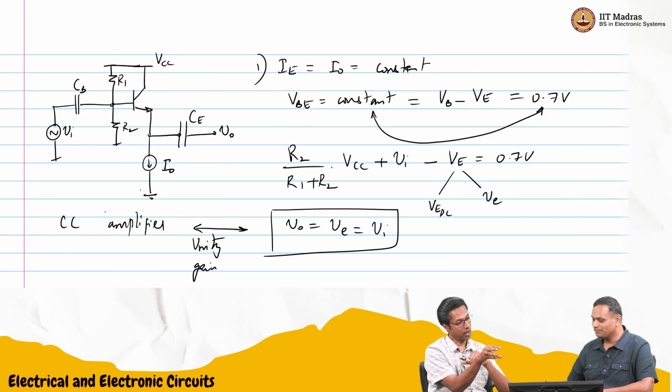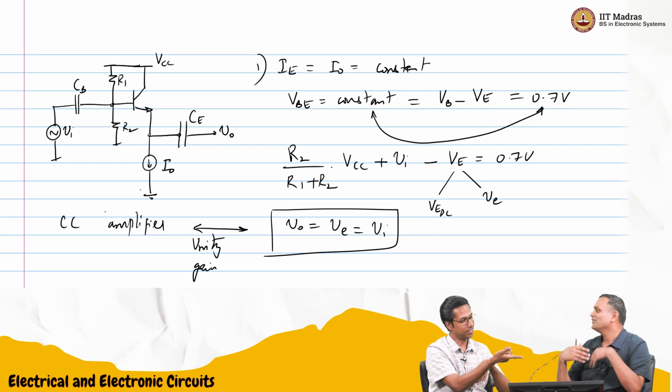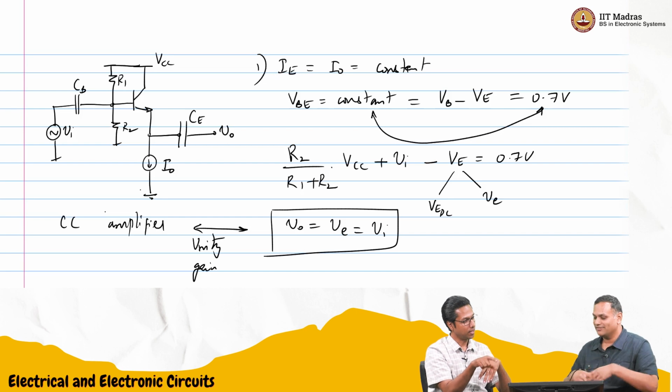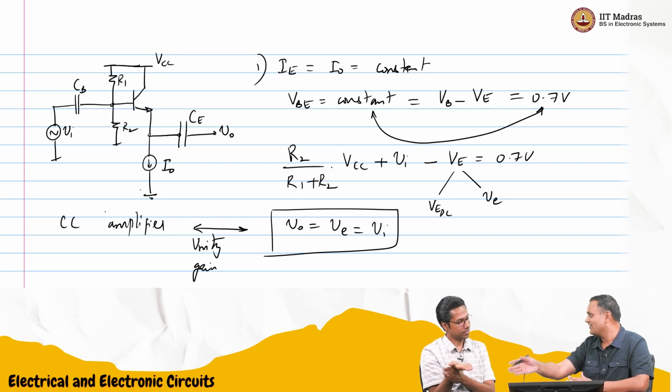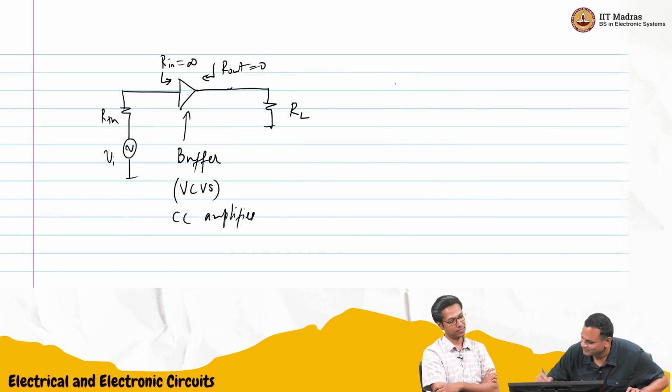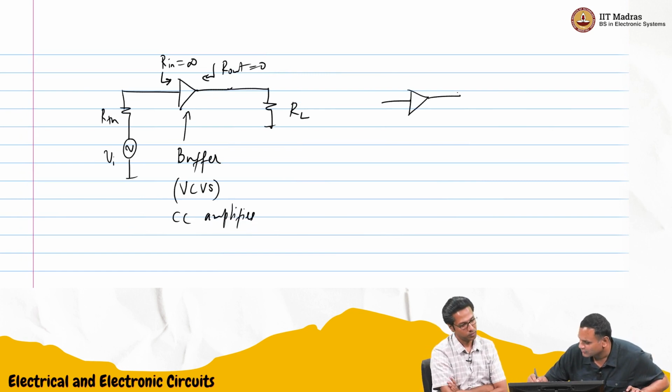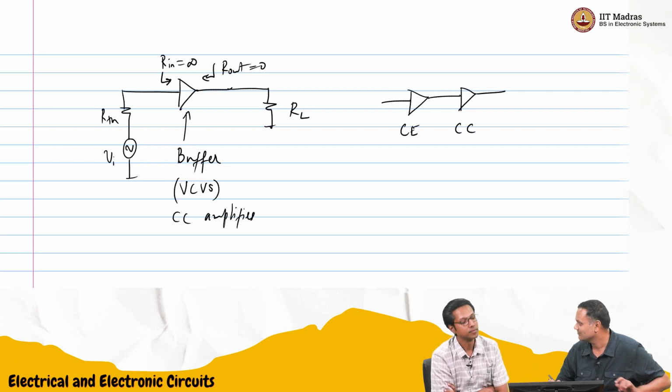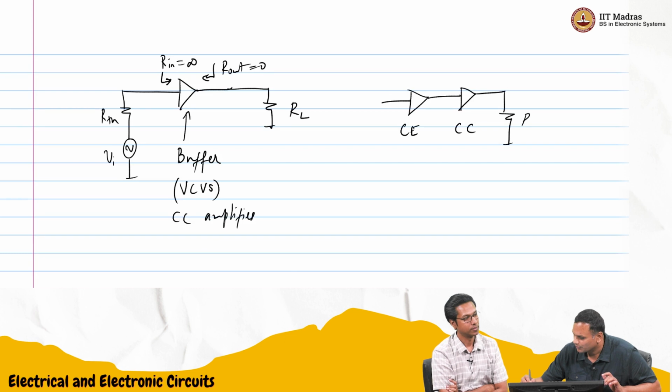So if we add this stage to the output of a common emitter, then we can use the common emitter for amplification and the common collector for driving the load. So this is a nice output stage. So you can do common emitter, common collector, and then drive a resistive load.